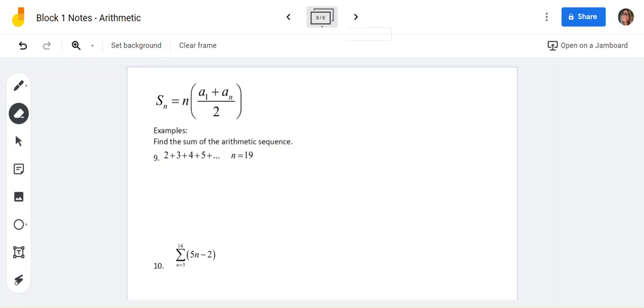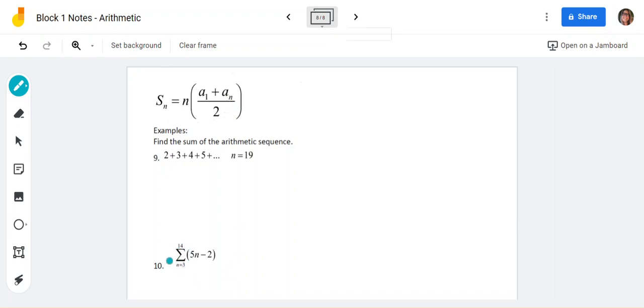We have this formula here, which if we have all that information, great. So here we've got our pattern, and it tells us we want to go up through the first 19 terms. In order to do that, we need to know what the 19th term is, which they don't give us.